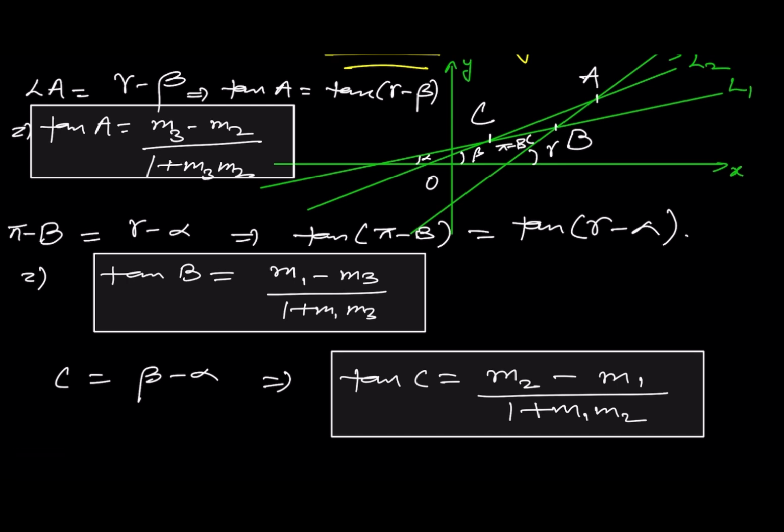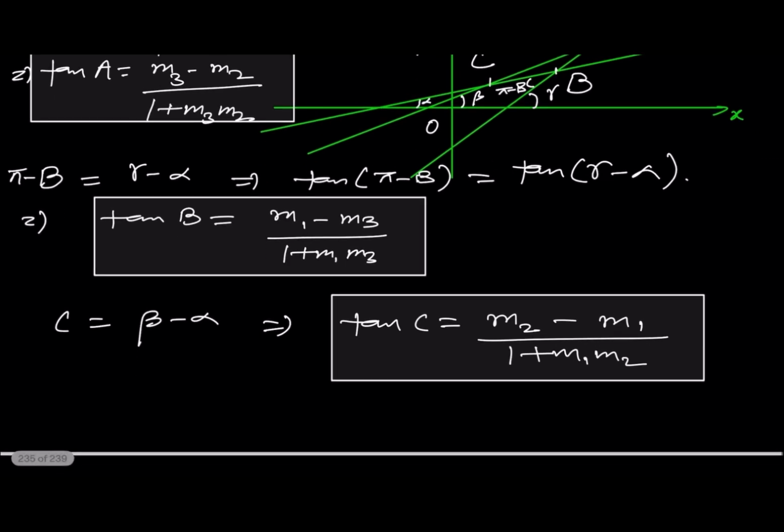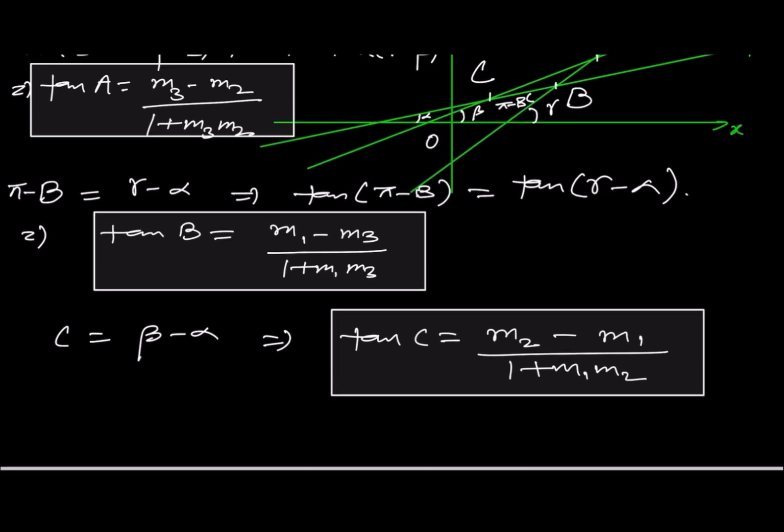There should be some trick for memorizing these angles. So if we write this, here is m1, m2 and m3, where m1 is less than m2 and m2 is less than m3.